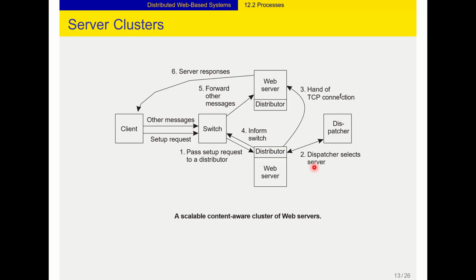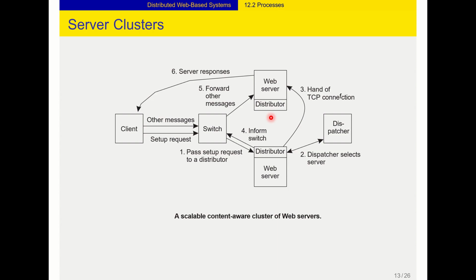So when the dispatcher has decided the right server for the request, TCP handoff will happen. The dispatcher will hand off the TCP connection to the selected server. So this is actually a back end trick, because from the perspective of the switch, the session is still on.